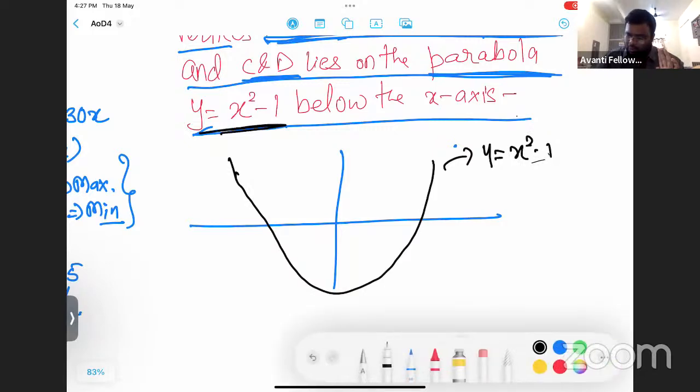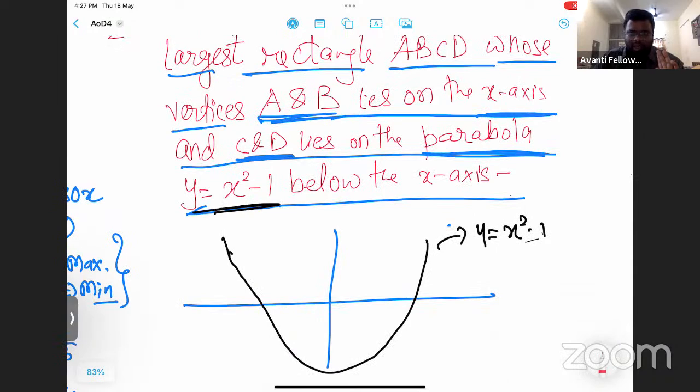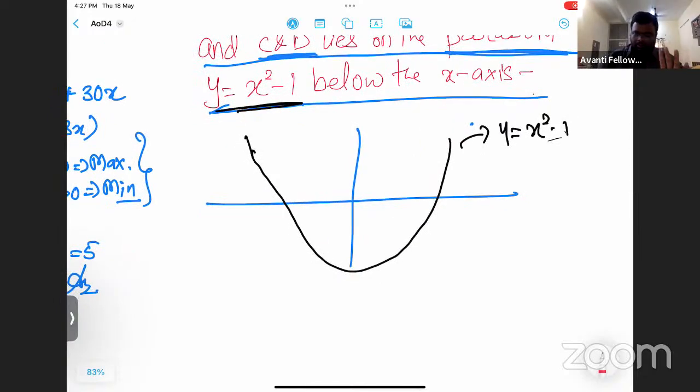Step 2. The rectangle has two vertices on the x-axis and two vertices on the parabola. Please keep in mind such types of questions always involve symmetry. So draw a rectangle. Oh, sorry, I've drawn it wrong.